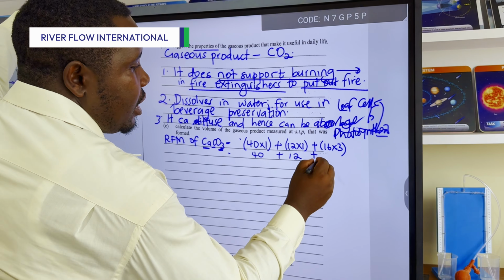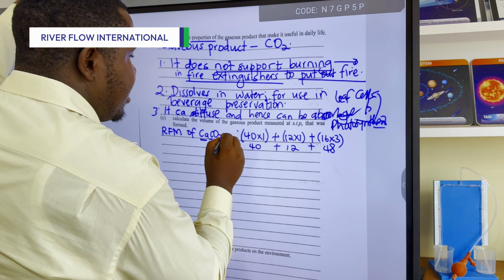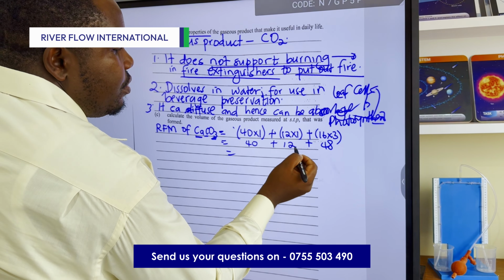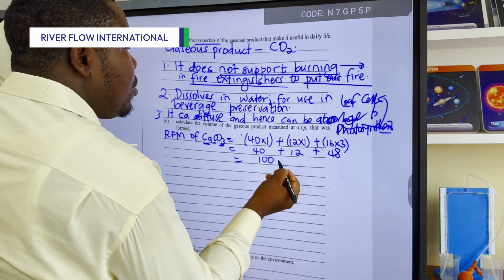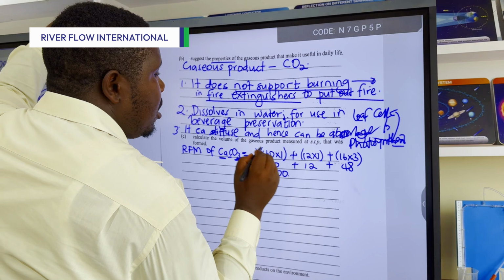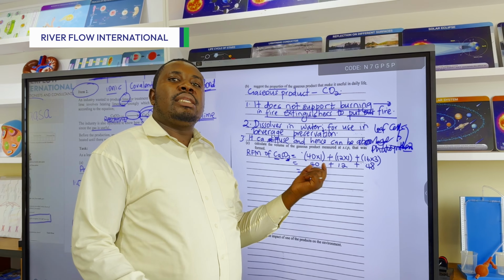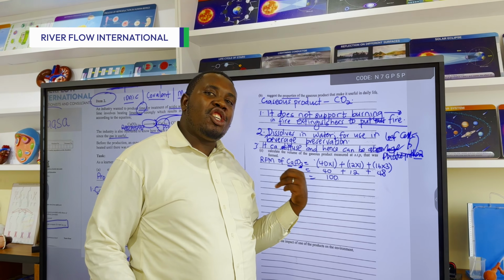I think this is 48 plus 48. So what does this give us? This one plus this, 52 plus 48, makes it 100. Sometimes we put grams, sometimes we don't, but we can stop there. This is the amount of mass contained in 1 mole of calcium carbonate.